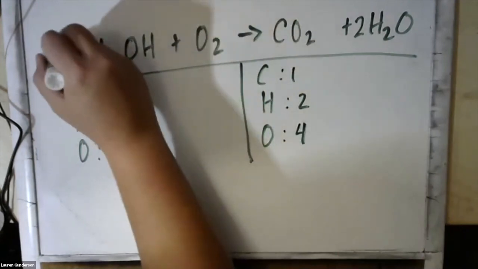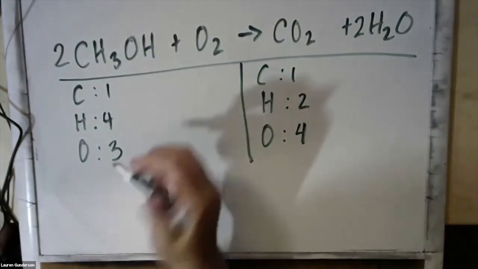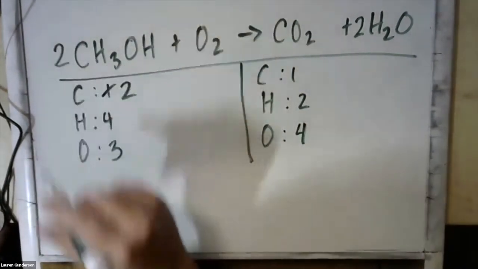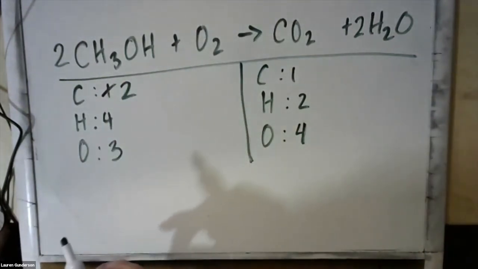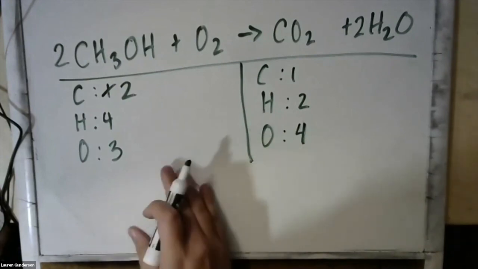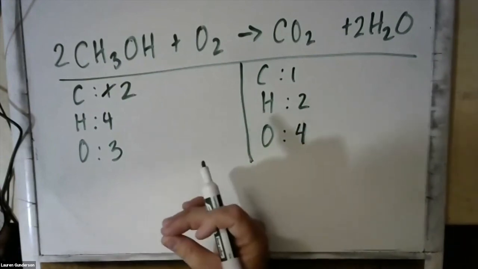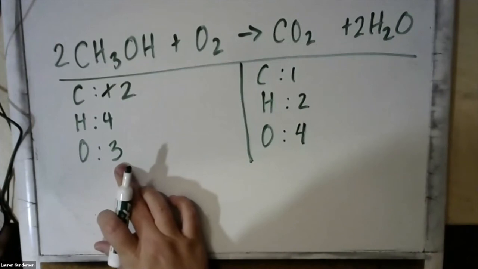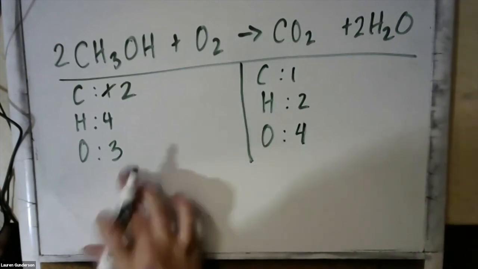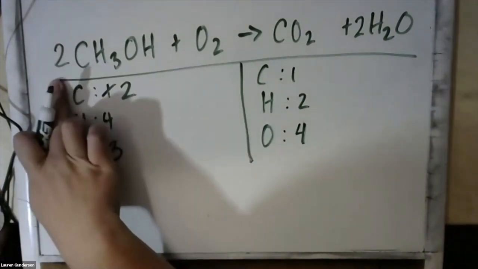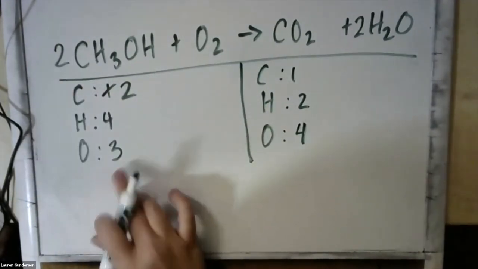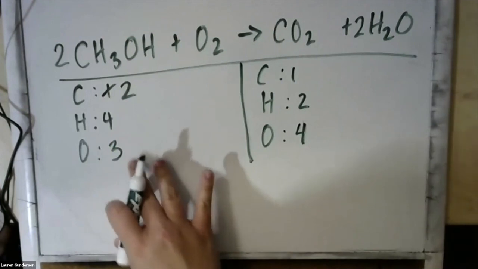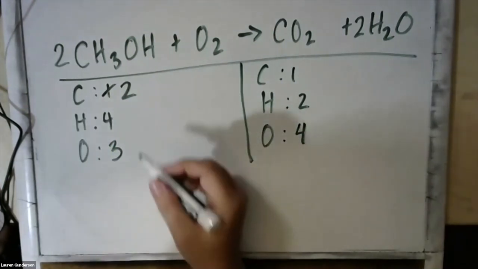So I'm going to put a 2 in front of my methanol. Like we've discussed before, some of the balancing is a little trial and error, but when you do change something, there should be a reason behind it. So I don't want to have an odd number of oxygens, so I'm going to put this coefficient of 2 in front of my methanol to even out this oxygen value on this side. Even if it changes everything else, I can fix that and worry about it later.